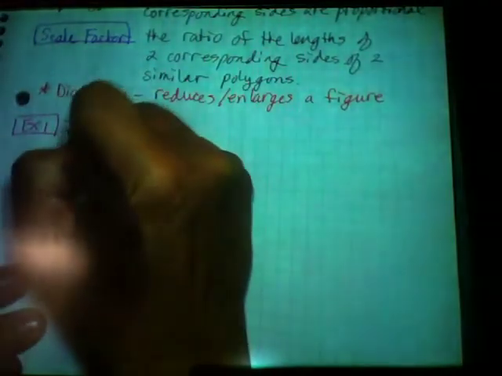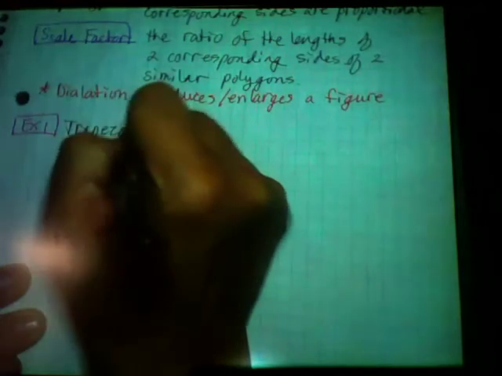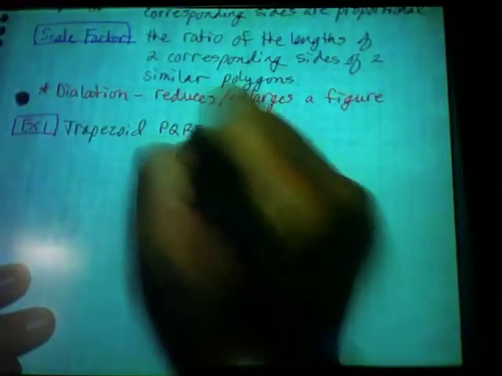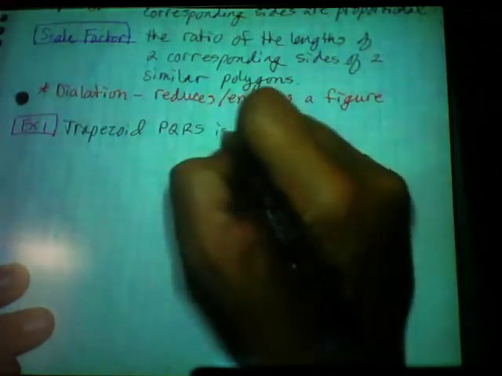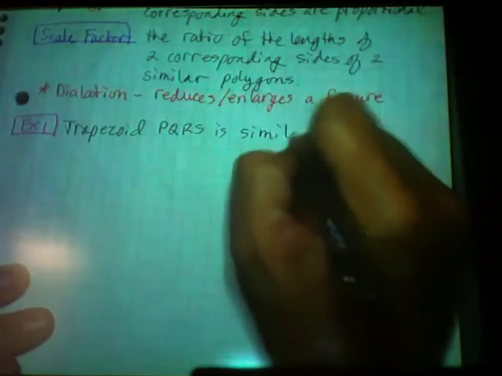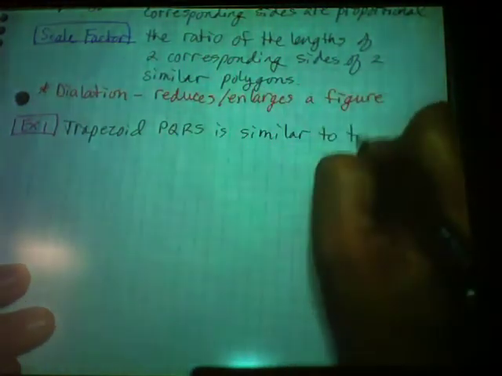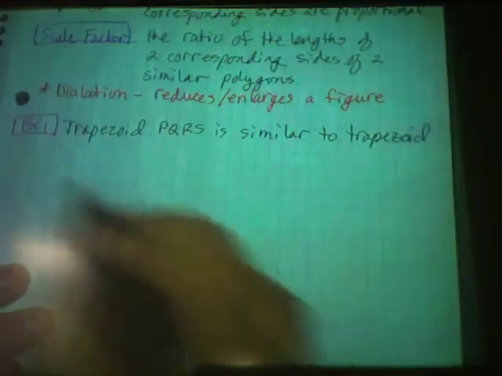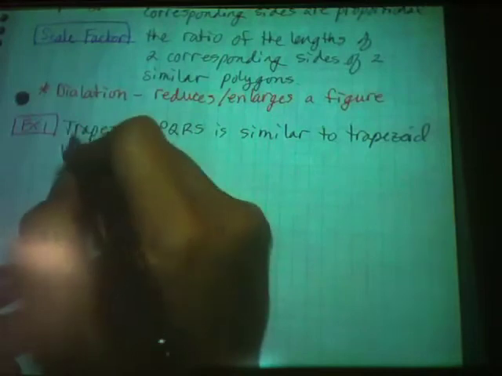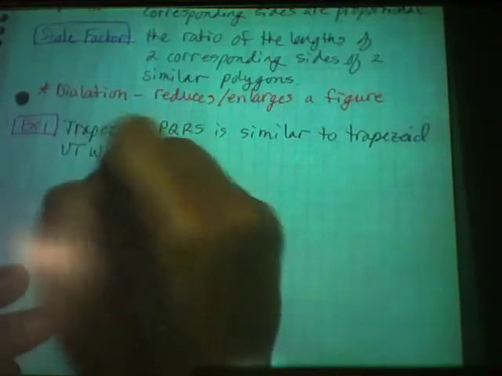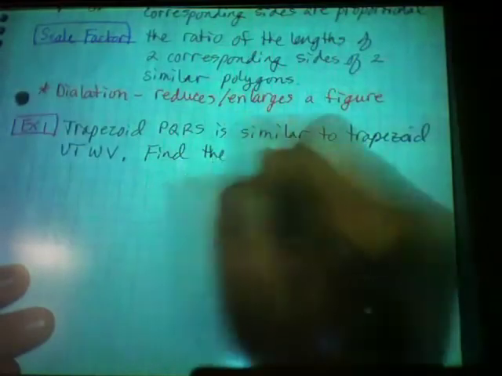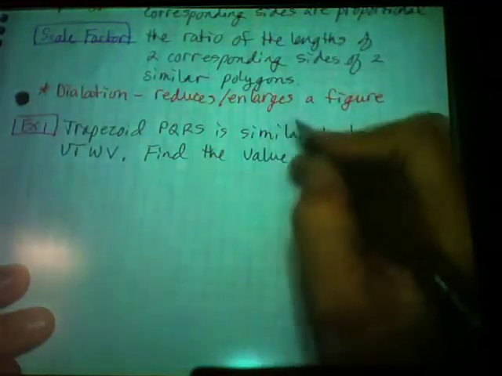Trapezoid PQRS is similar to trapezoid UTWV. Find the value of x.